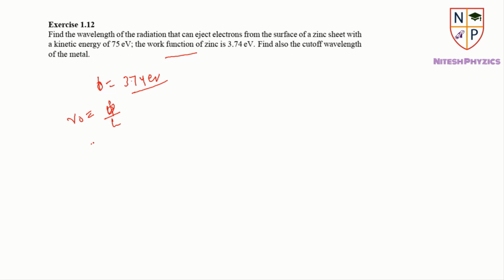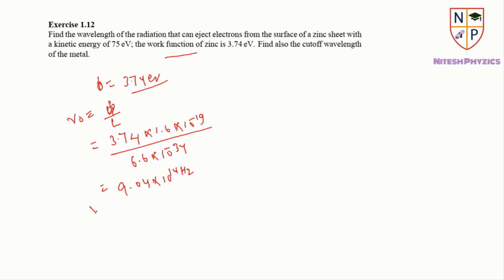The value of phi 3.7 electron volt, convert into joule 1.6 into 10 power minus 19, upon h 6.6 into 10 to the power minus 34. You will get the value 9.04 into 10 power 14 hertz. The required frequency is 9.04 into 10 to the power 14 hertz. Now the cutoff wavelength will be lambda naught is equal to c by nu naught.